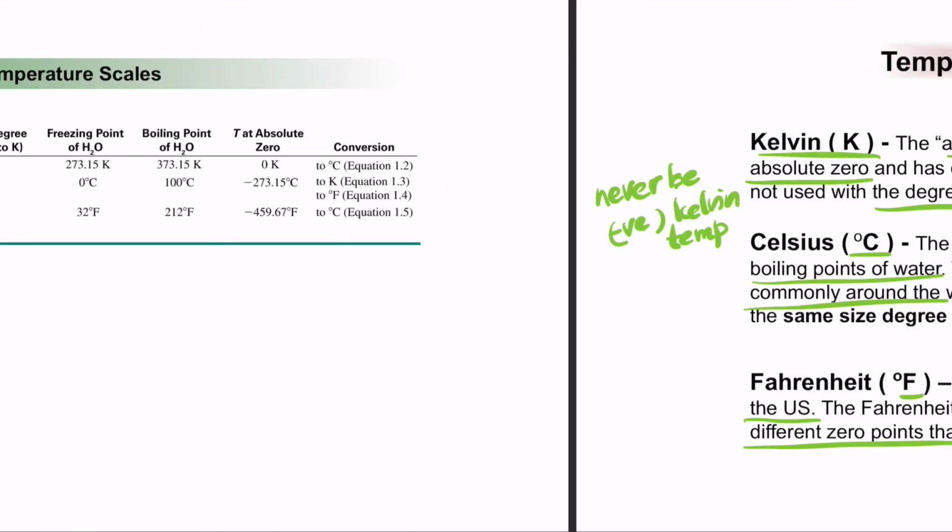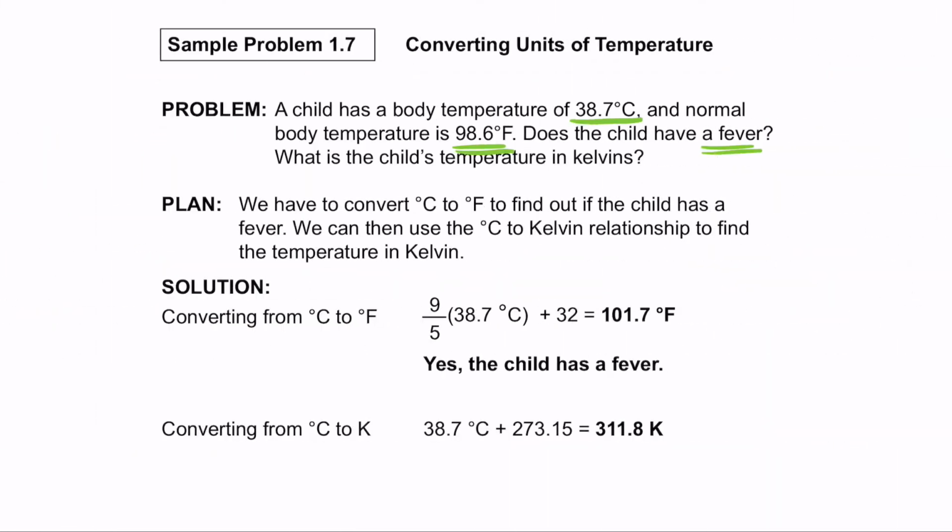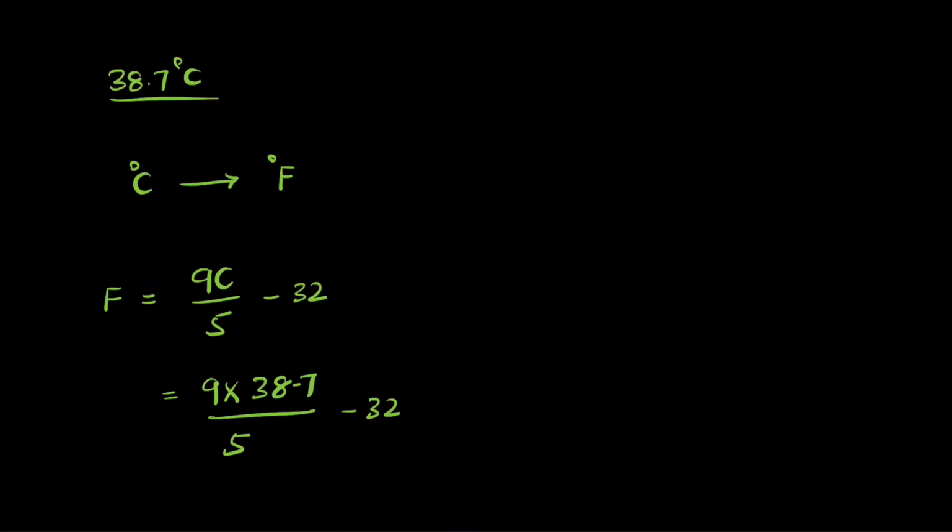I'm sorry, the formula is plus 32. Sorry for that. So plus 32, you get a value of 101.66 degree Fahrenheit. So 38.7 degree centigrade is 101.66.